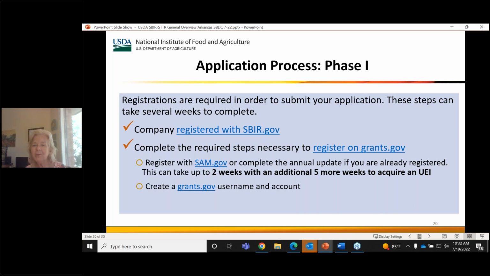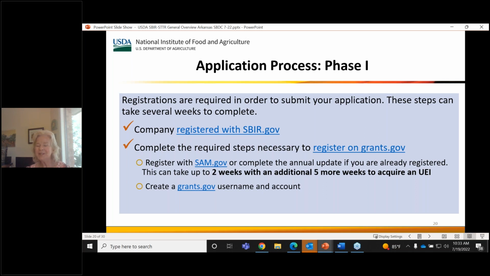Not to complicate it, but I am going to take a minute to explain this. For SAM.gov, it used to be required that you have that number or you absolutely could not apply. Right now, or last year at least, it was not required. It was lifted during COVID just because of the pandemic and the crisis.